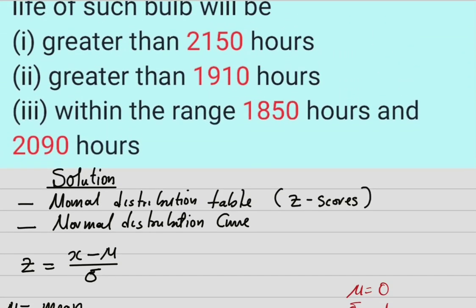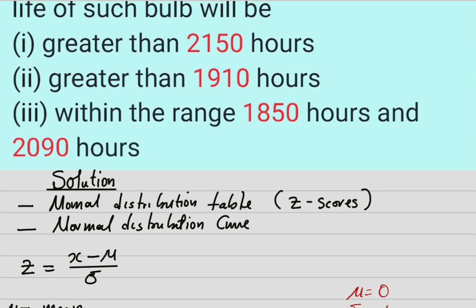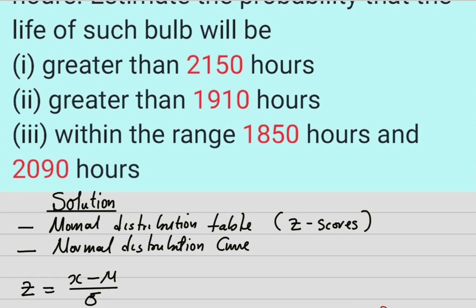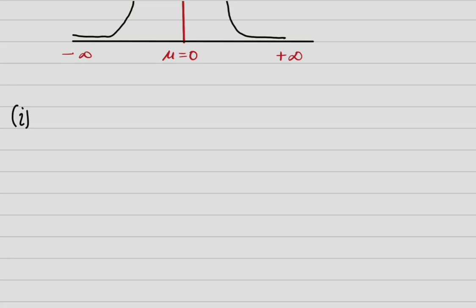Now, the first question is we need to get the probability for having a bulb that is greater than 2050 hours. Roman figure 1, probability such that x is greater than 2050.